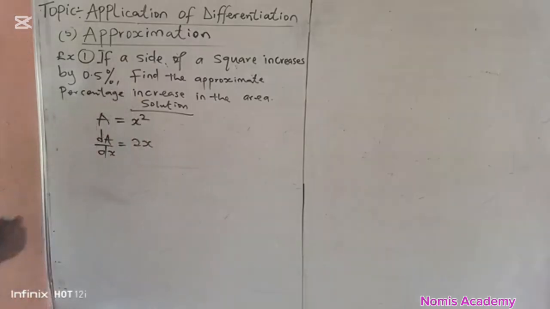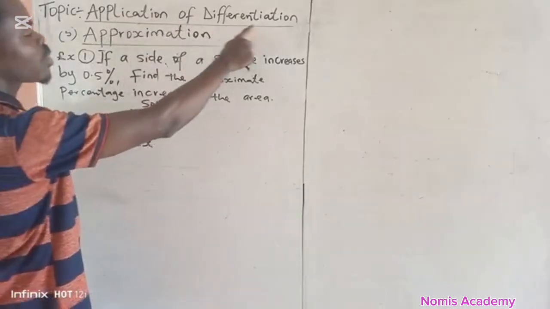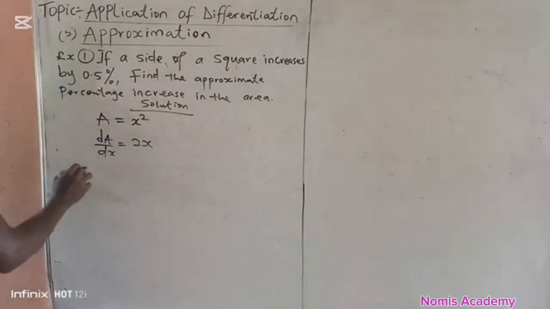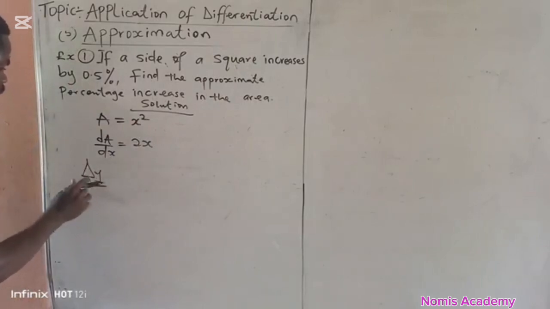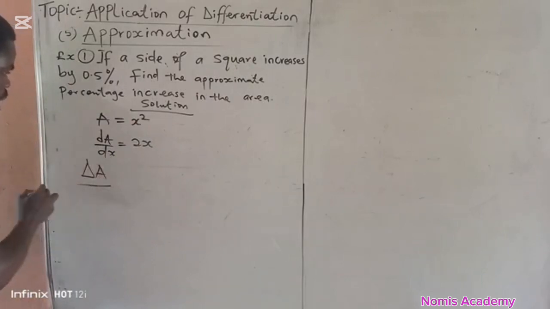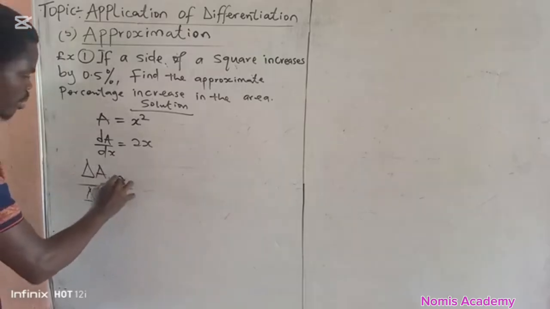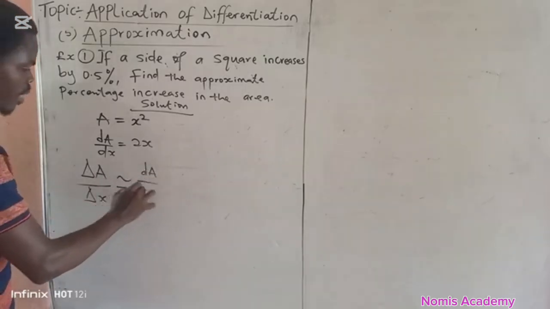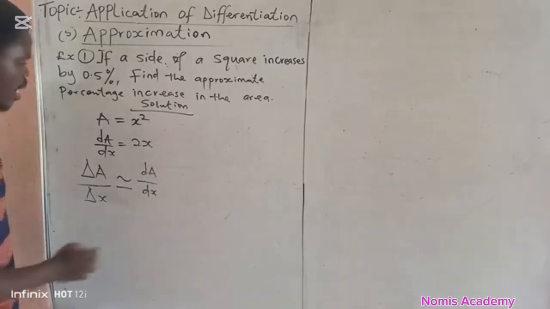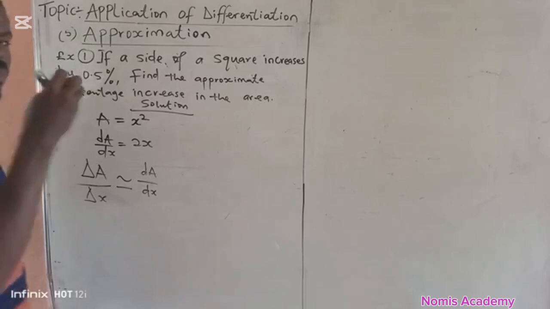Now to approximate, remember the concept of approximation under the application of differentiation: delta y over delta x. Since we are using A, we have delta A over delta x is approximately equal to dA over dx at the point where x is equal to a particular number.